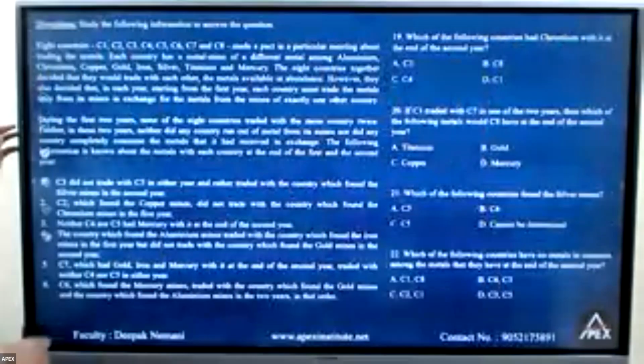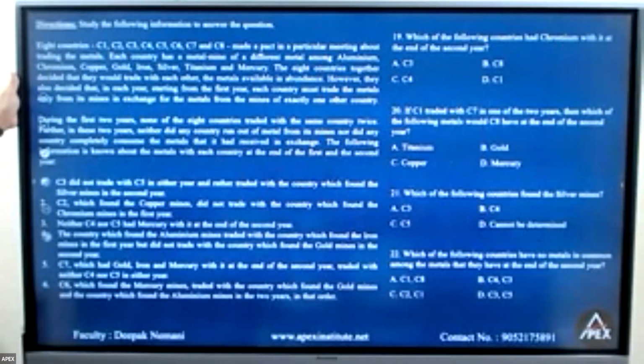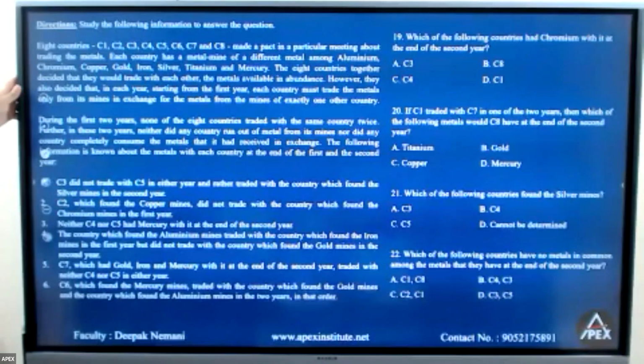So we have 8 countries which made a pact in a particular meeting about the trading of metals. Each country will trade metals from 2 other countries, one country in the first year and one country in the second year. Okay, so we have 8 different mines: aluminum, chromium, copper, gold, iron, silver, titanium, and mercury.